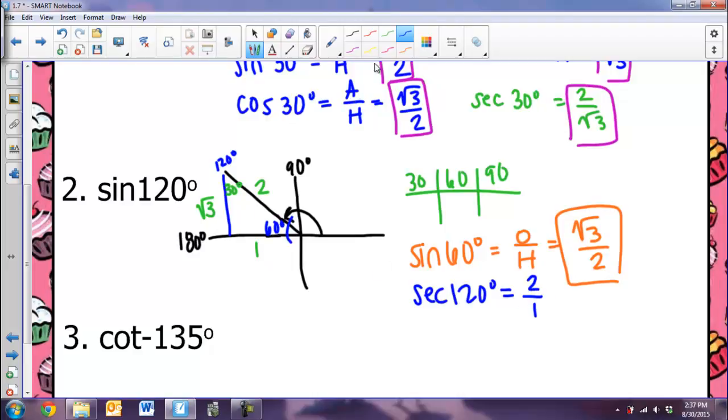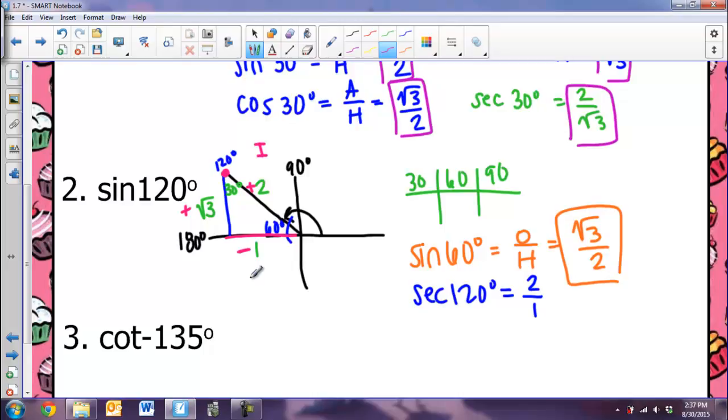Now, the one thing that we didn't think about here was the fact that this is now in quadrant 2. So now I have to deal with negative lengths. When I'm looking right here, you notice you went up to get to the top of the angle. So this is a positive value. Your hypotenuse is always going to be a positive value, so we're not going to deal with that. But you went over here to the left to get this 1, so this is actually a -1.